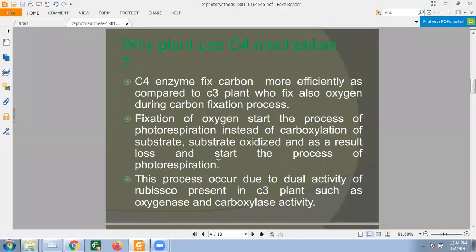This fixation of oxygen starts the process of photorespiration instead of carboxylation of the substrate, which is oxidized, resulting in loss. This process occurs due to the dual activity of RuBisCO present in C3 plants, that is oxygenase and carboxylase activity.